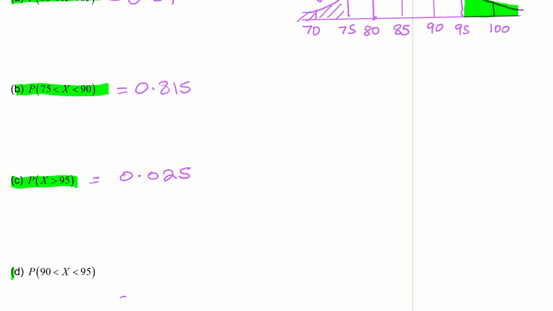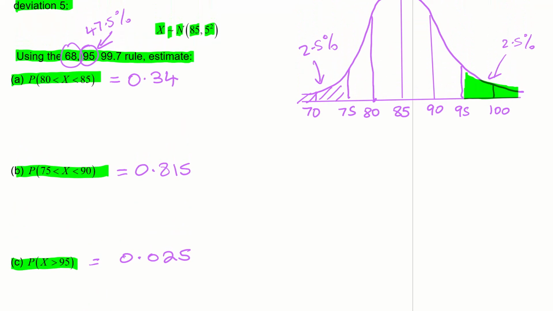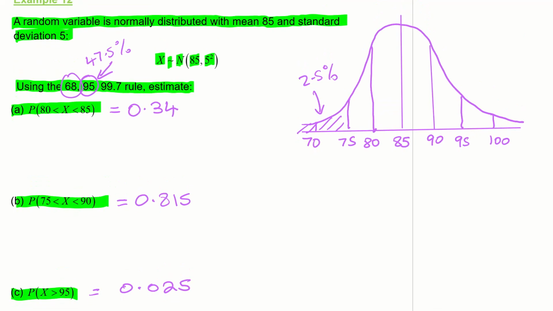Finally, we want the probability that x is between 90 and 95. So that is going to be this bit here. Now we know from earlier in the question that all of that would be 0.475.